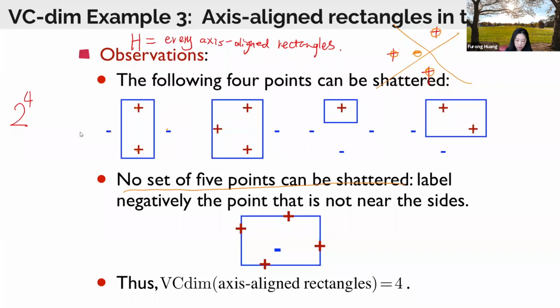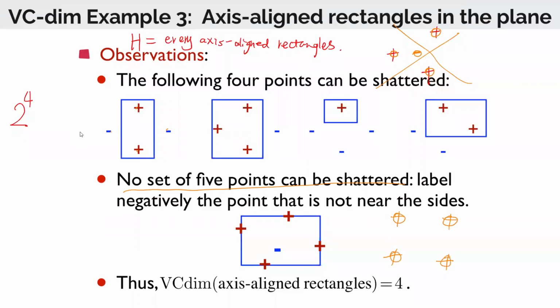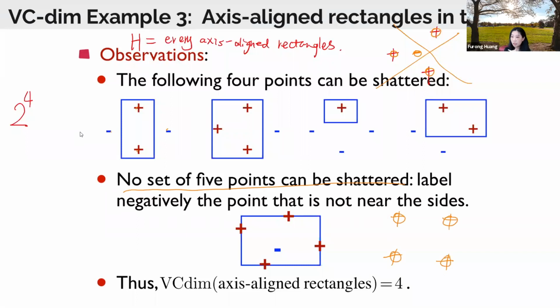Let's say you arrange the 4 points to be on a box, okay? Exactly on, aligned with the axis-aligned rectangles. So if you have to shatter this positive label of these 4 points, then you have to use a rectangle like this, right?